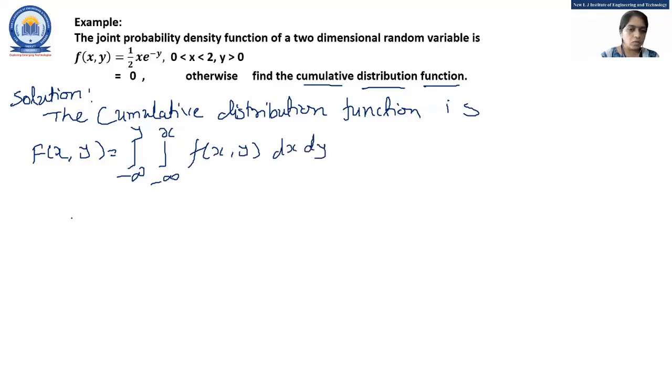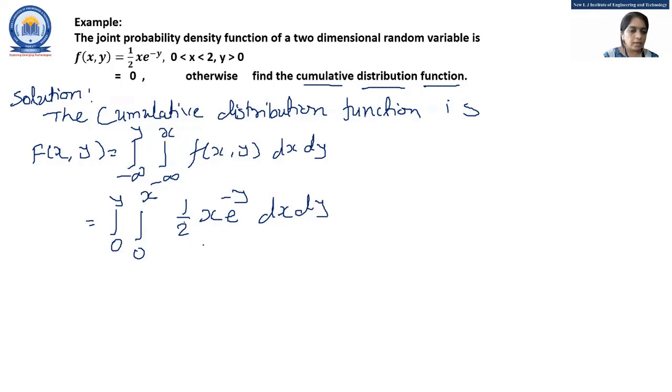Now, the limit for y is 0 to y because y is greater than 0, and for x it is 0 to x. So the integral of (1/2) x e^(-y) dx dy.